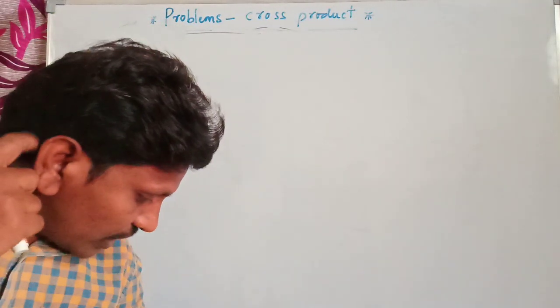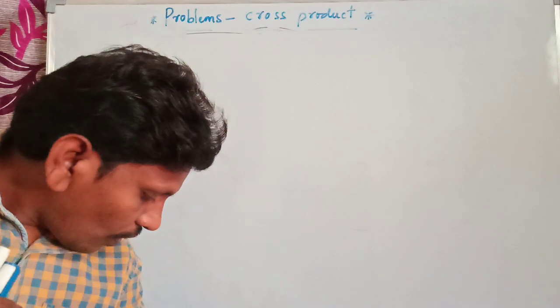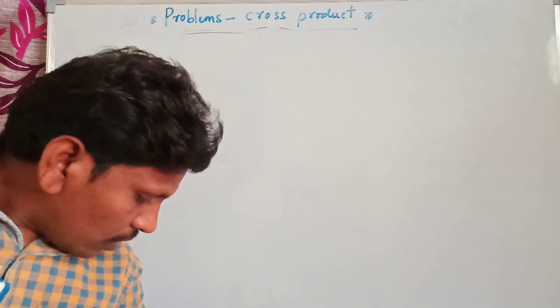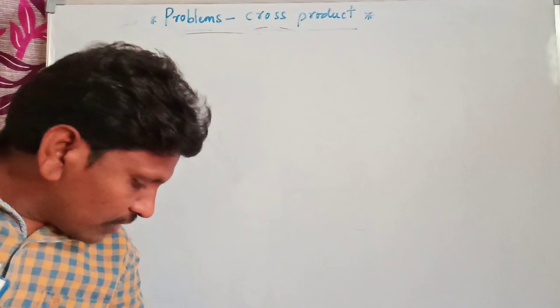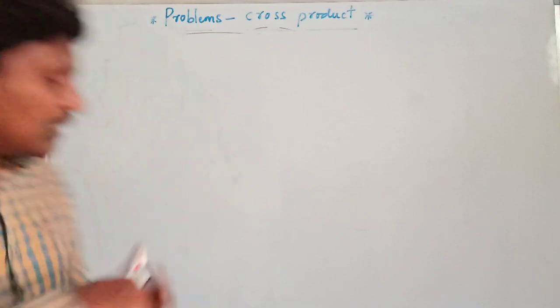And there is a question: the angle between the vectors A bar and B bar is theta.